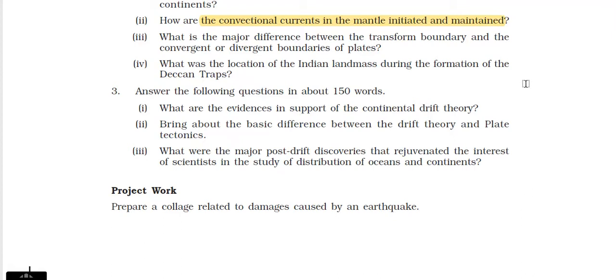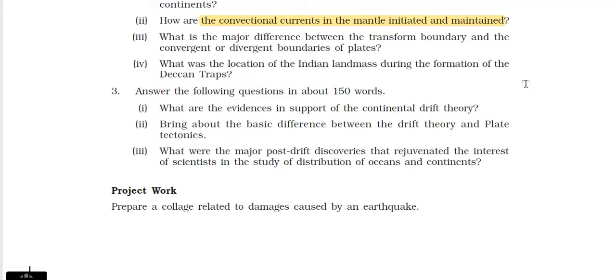We have already discussed that; you have to be very clear with these situations. We know that when two plates move in opposite directions horizontally, that is called the transform boundary. Convergent and divergent boundaries are different, which you can easily discuss. We already have that in our lecture.